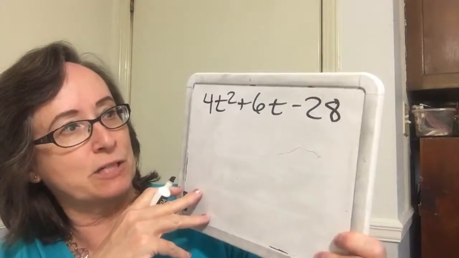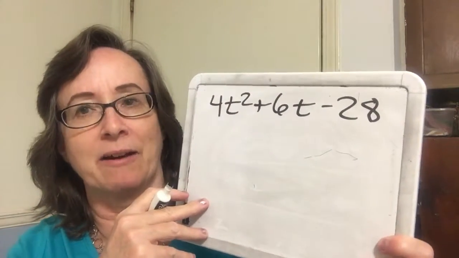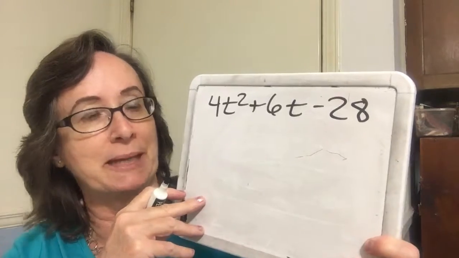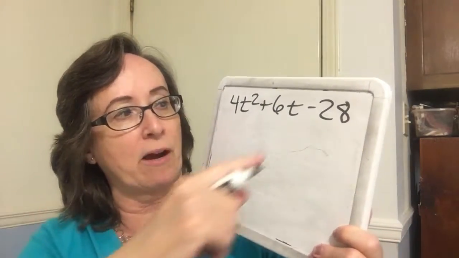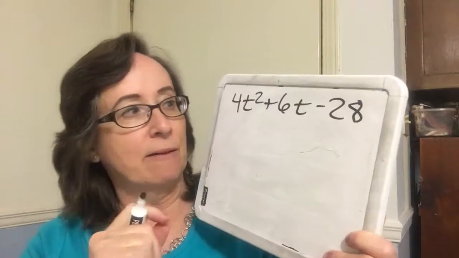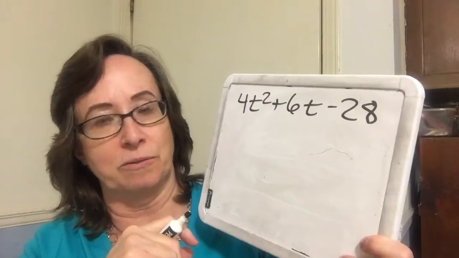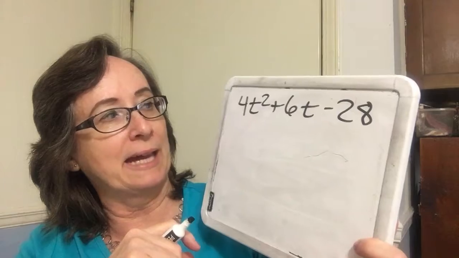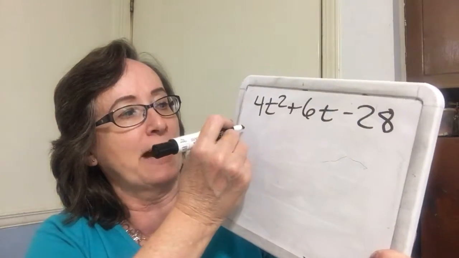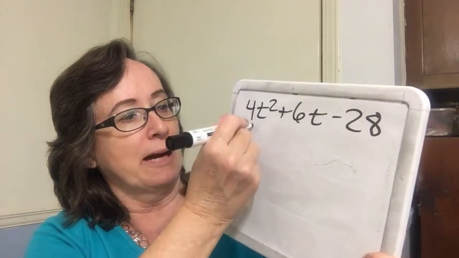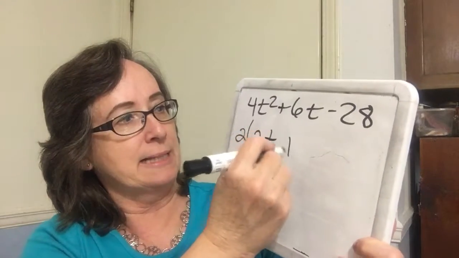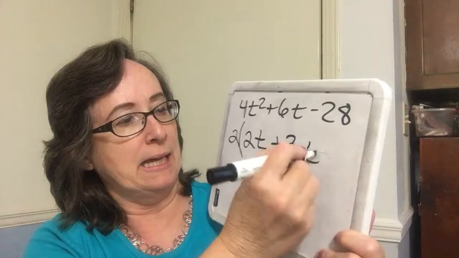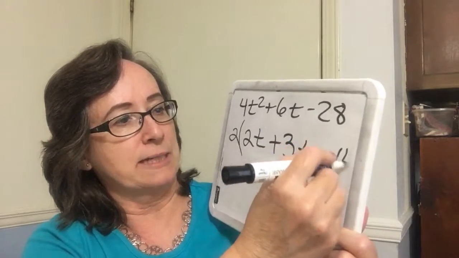All right, this is the first one that we have that doesn't look like a perfect square trinomial at the beginning, because although 4t squared is a perfect square, 28 is not. So let's factor a 2 out of the whole thing, okay? We can't factor anything else. So we factor out a 2, and we wind up with 2 times 2t squared plus 3t minus 14.